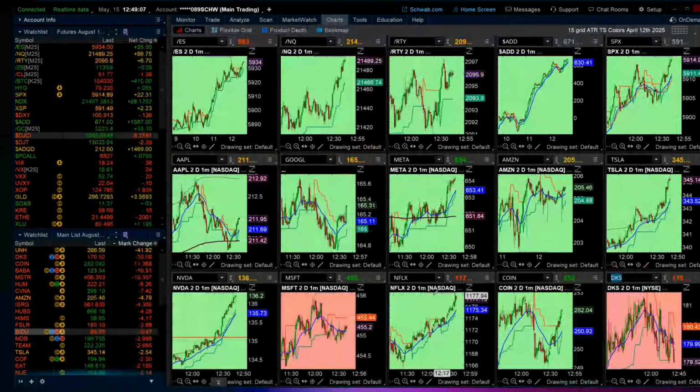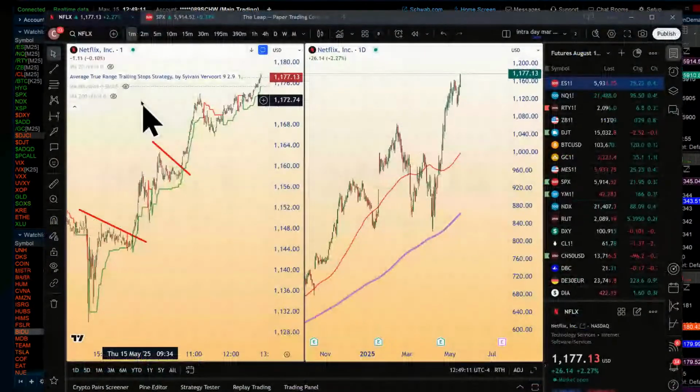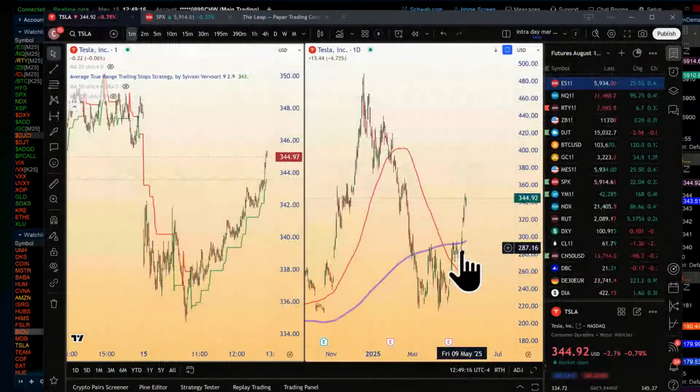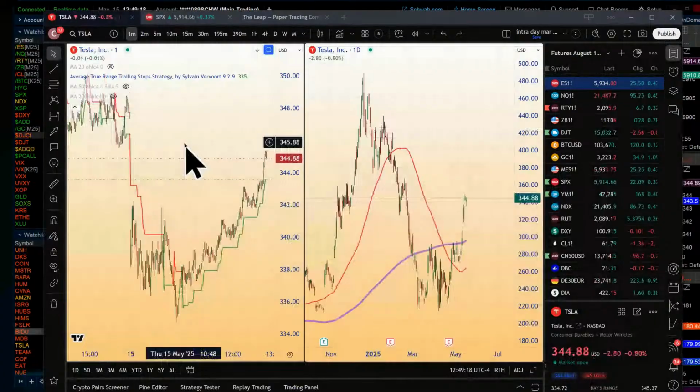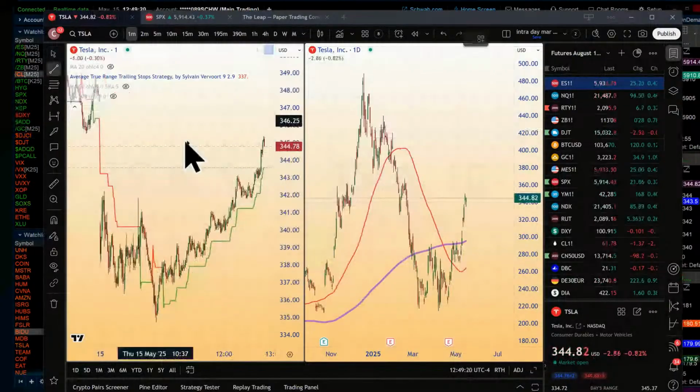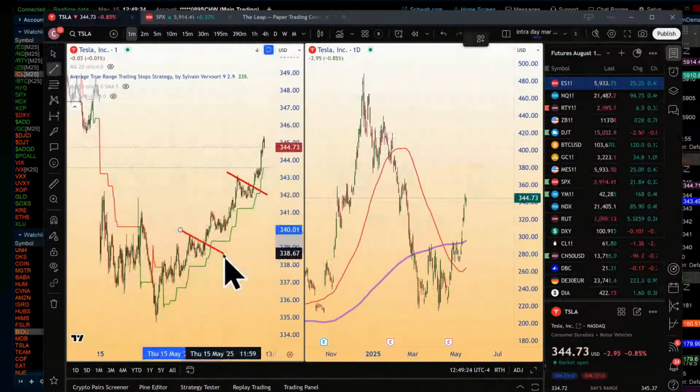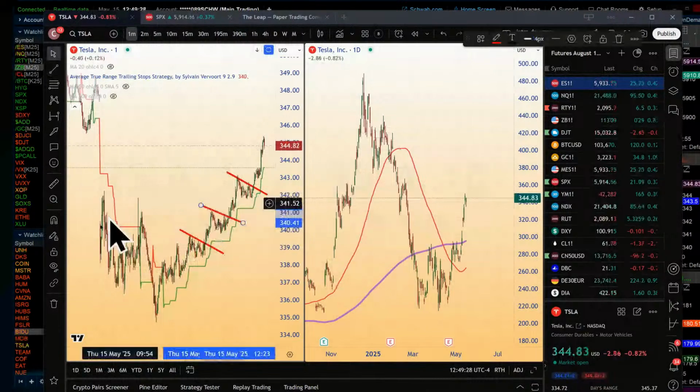So, visually inspect. Did Tesla have a flag today? Well, it had a flag on a daily. We know that. Did it have a flag on a 1 minute? It sure did. Look at that, and look at that, and look at that. So you don't buy on the way down, you buy on the consolidation.